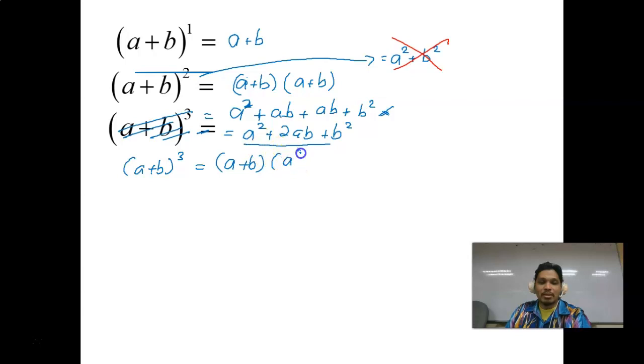So then a squared plus 2ab plus b squared.